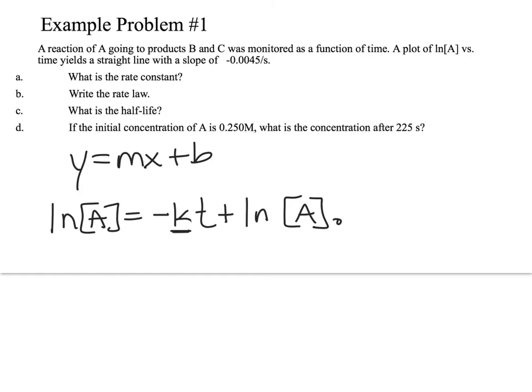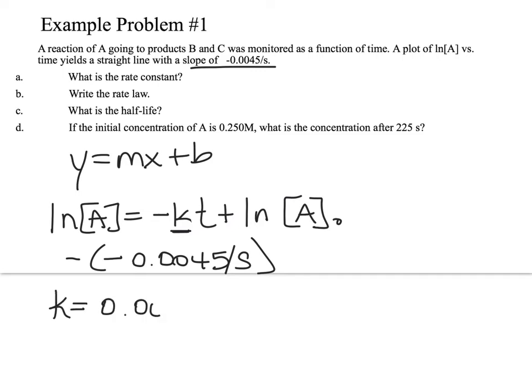We're already told what the slope is. So m is equal to negative 0.0045 per second. The only thing that I need to do is to remove the negative. On the previous slide I said, remember that k will always be a positive value. So k is equal to 0.0045 per second. Now I can write my rate law.